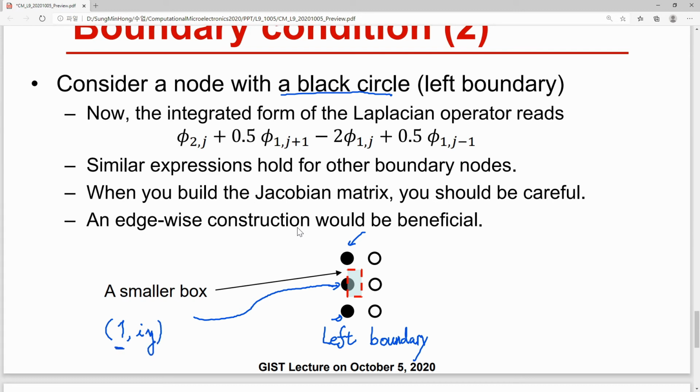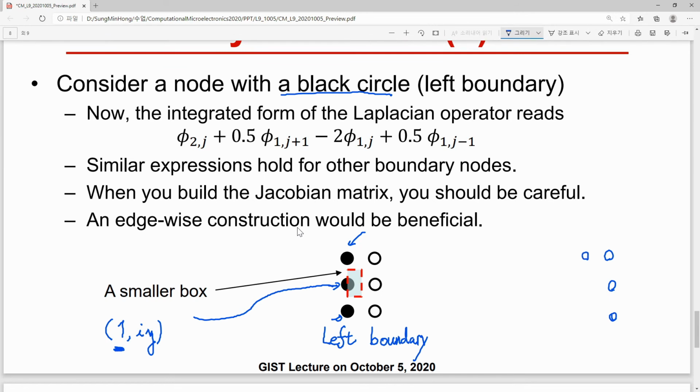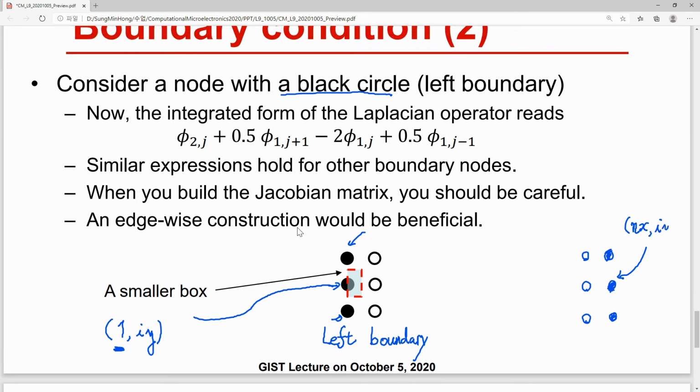So this 1 corresponds to the left boundary. Of course, if you are considering the situation at the right boundary, then you will have a pair nx comma iy. That is quite obvious.